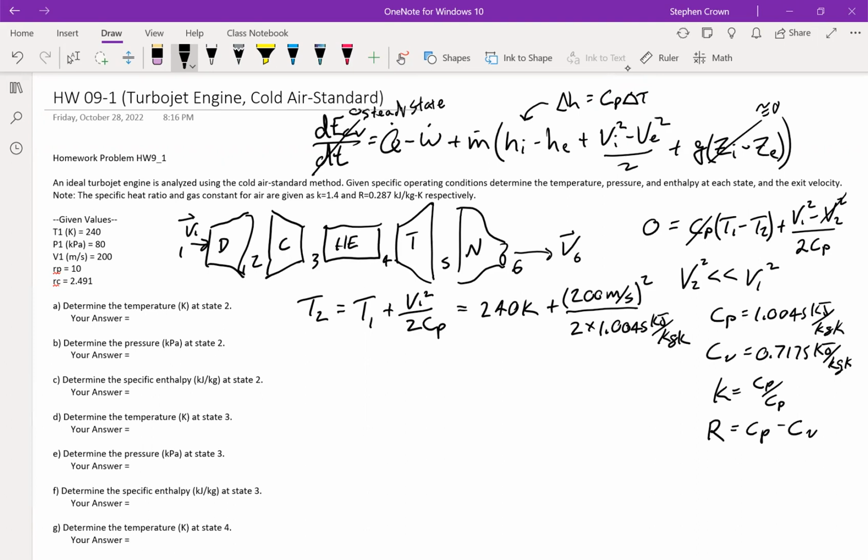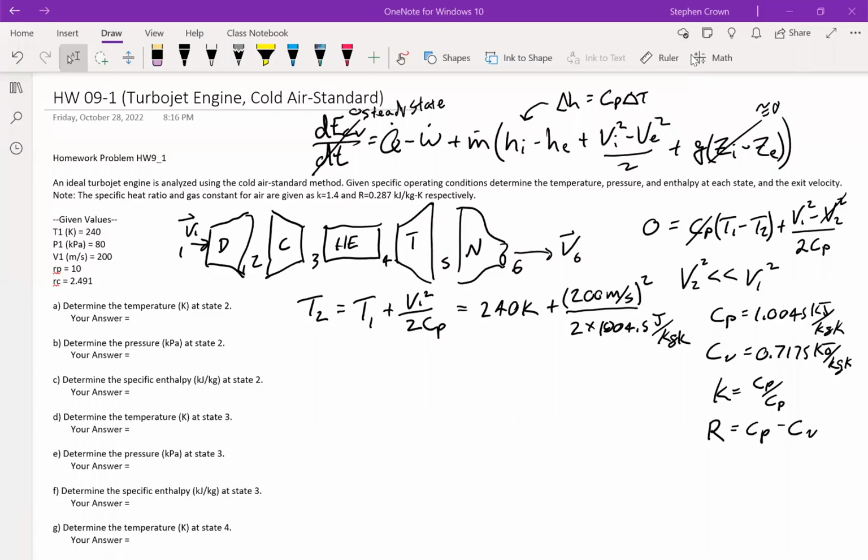So another way we could write this, if we don't want to multiply or divide by 1,000, we can just write this as 1004.5 joule per kilogram K. And then meter squared per second squared is the same as a joule per kilogram, so we'll end up with units of K. So we get 240 plus 200 squared over 2 times 1004.5. The temperature is 259.91 Kelvin.